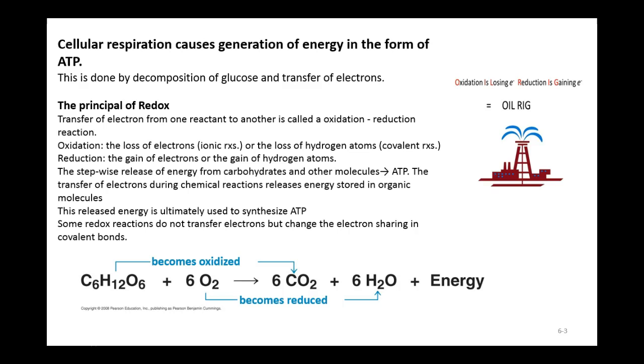If we are asking what is reduced, we want to say what gained electrons. And then furthermore, because we don't have enough to learn yet, something that is capable of reducing a reactant is called an oxidizing agent. Something that is capable of oxidizing an agent is called a reducing agent.